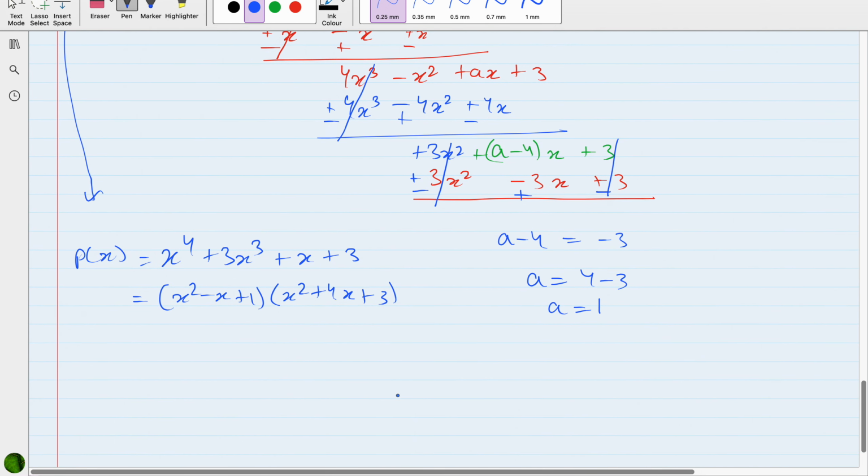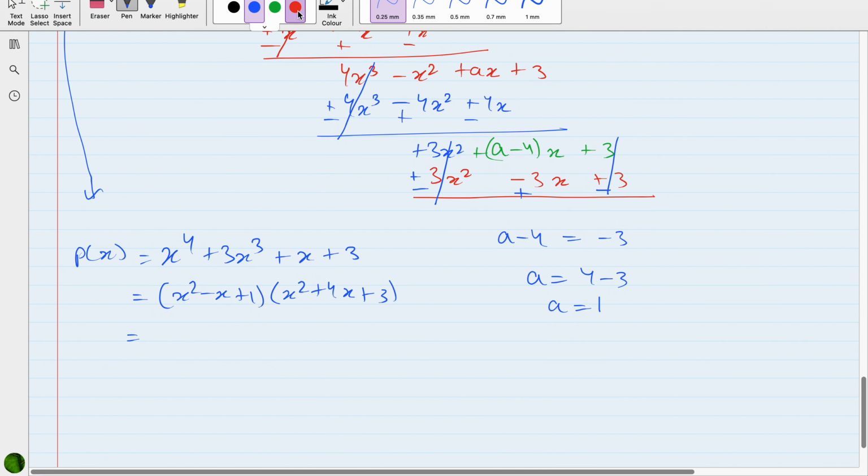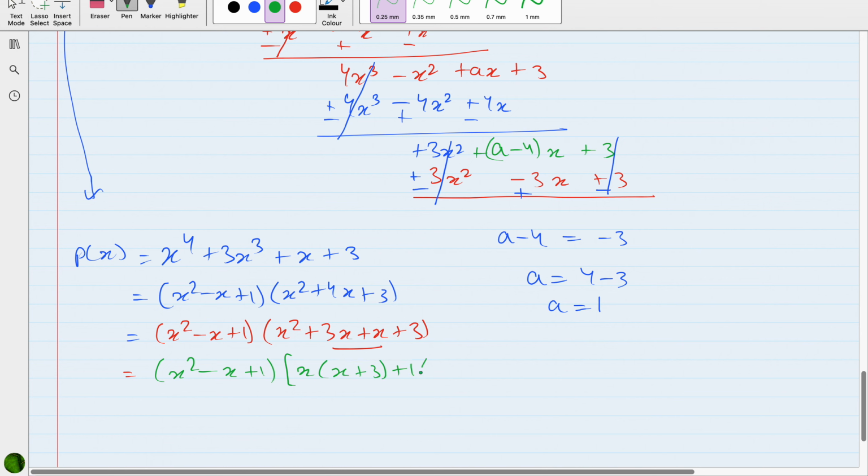And now we know we can do the middle term breaking for the second one. That is x square plus 3x plus x plus 3. When we add these two we get 4, multiplying these two we get 3x square. So x square minus x plus 1, taking out common, x plus 3 plus 1, x plus 3.